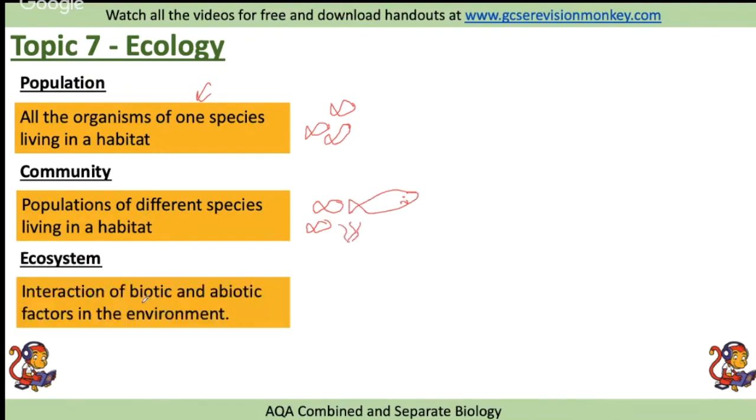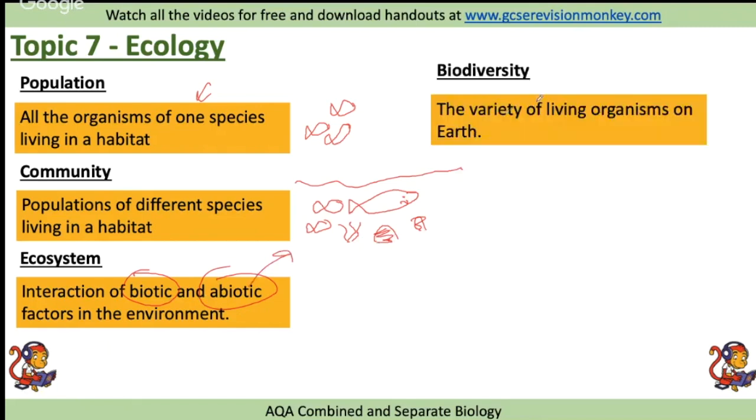An ecosystem is the interaction of living, biotic, and non-living abiotic factors. So it could be that you're talking about the rocks that are in that system, the temperature of the water, the current of the water, and adding all the abiotic things in there as well. And two more keywords, biodiversity. Bio means living, diversity means variety. So biodiversity is the variety of living organisms on the earth.